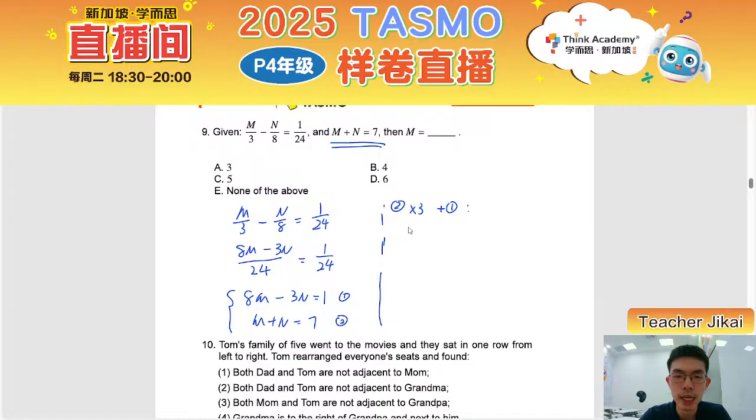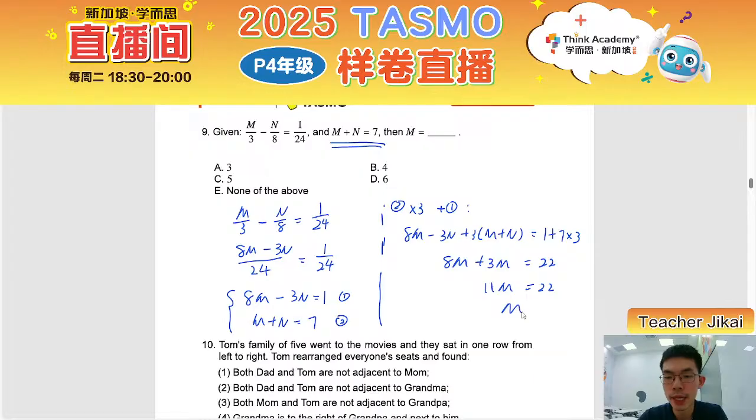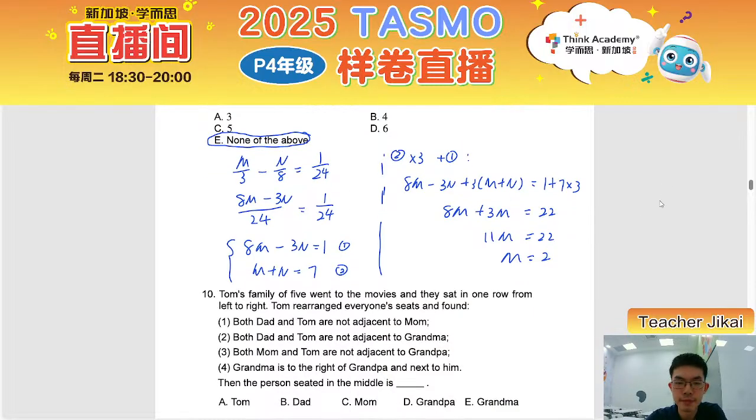It will be like 8M minus 3N plus 3 times (M plus N), and on the right, 1 plus 7 times 3. So if you open it, it will be 8M plus 3M equal to 22. 11M is 22. M here is 2. So M here is 2. Yeah, none of the above is correct. So for this question, we choose E. M equal to 2 here.